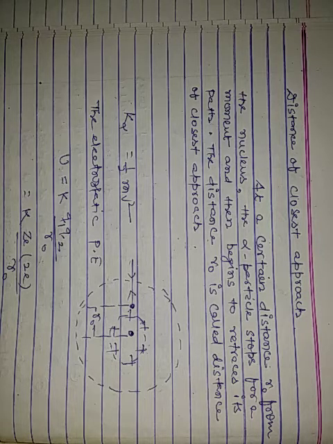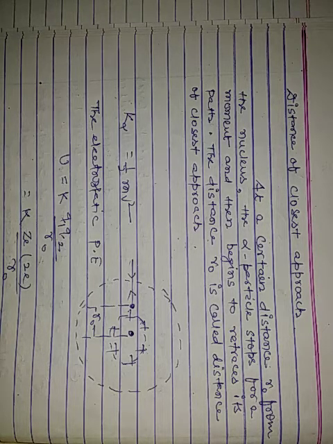The distance between the position of the nucleus and the position where the alpha particle stops is the minimum distance, called the distance of closest approach.